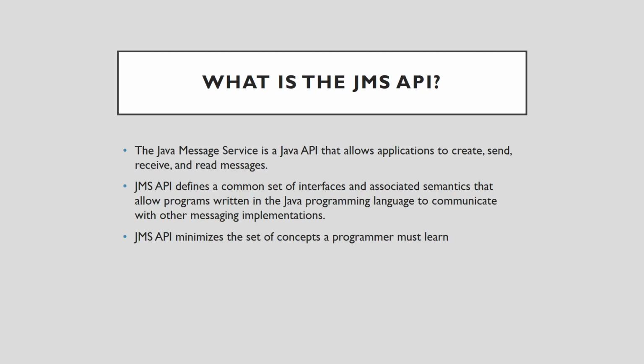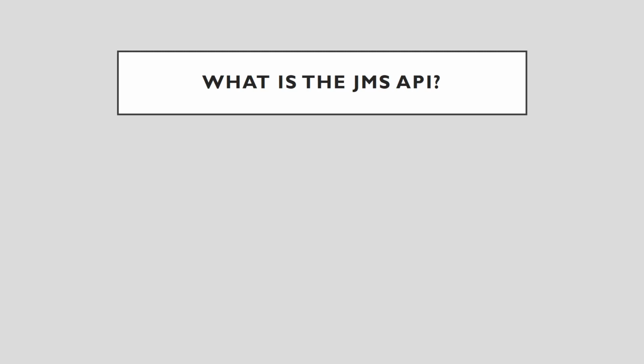The JMS API minimizes the set of concepts a programmer must learn in order to use messaging products, but provides enough features to support sophisticated messaging applications. It also strives to maximize the portability of JMS applications across JMS providers in the same messaging domain.